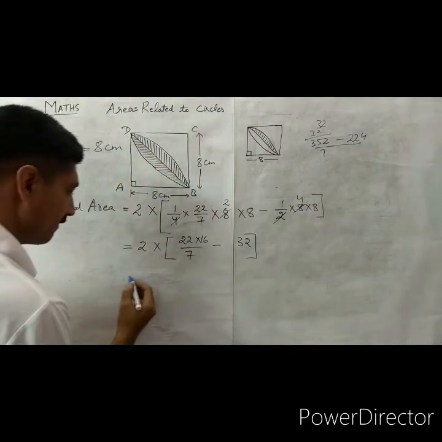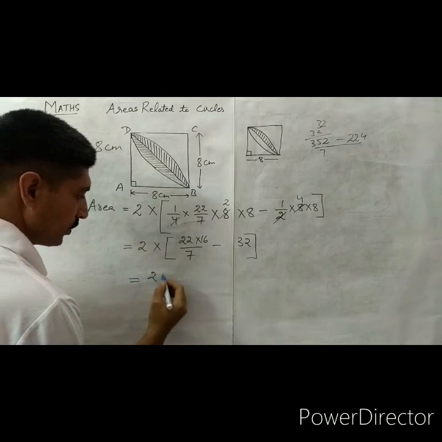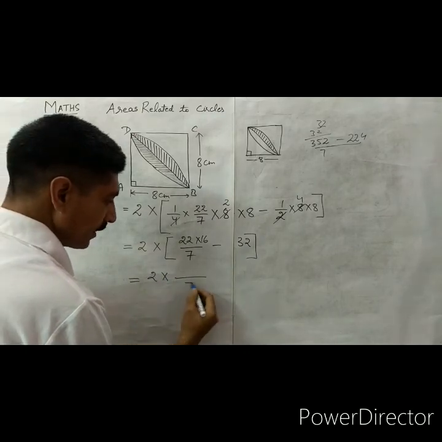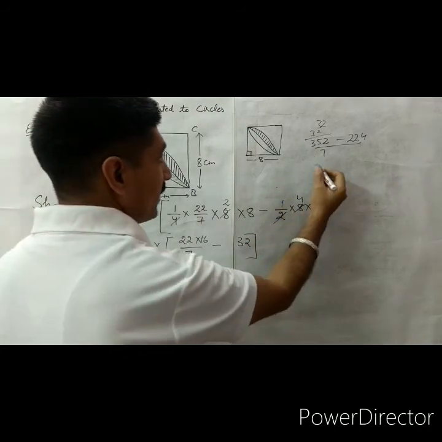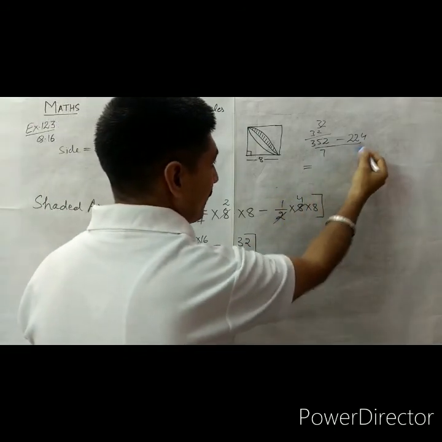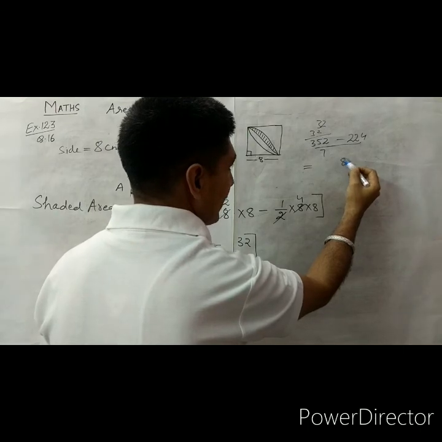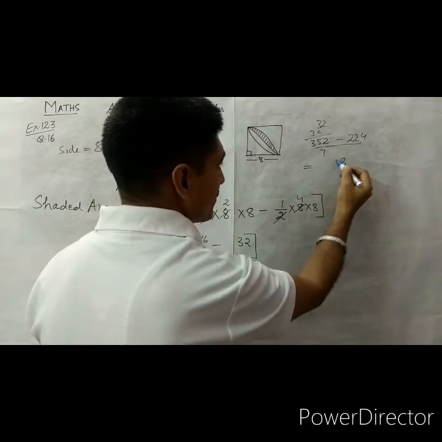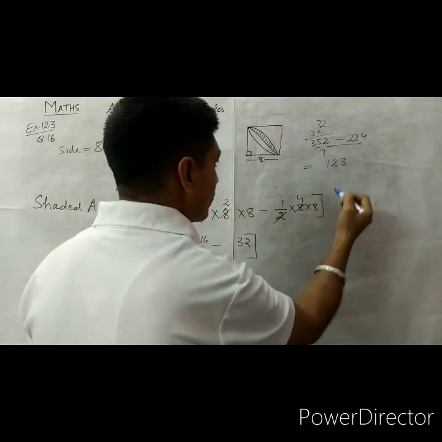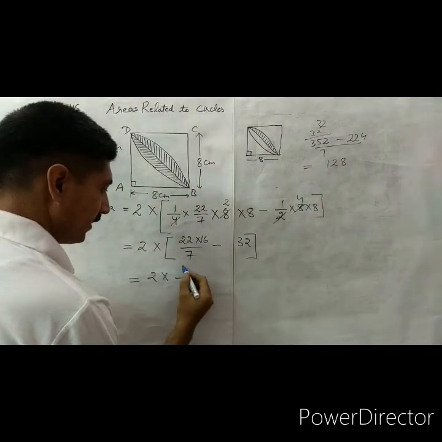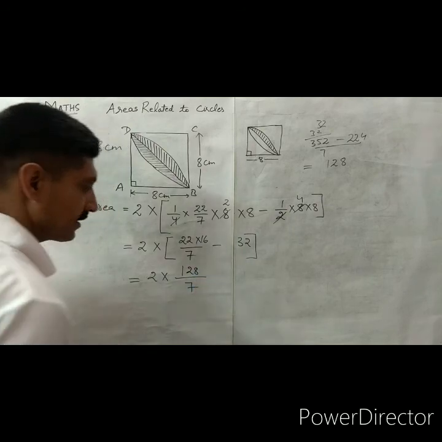So here we have 2 into, after subtracting we got 12 minus 4 is 8, 4 minus it is 2 here, and this is 1. So it is 128.